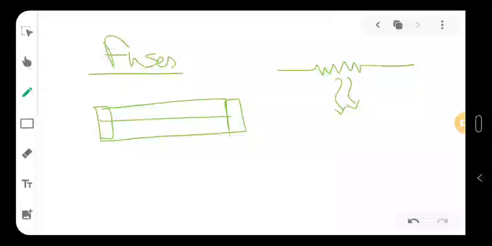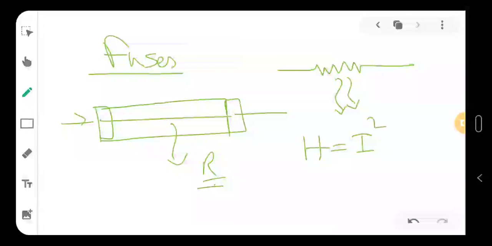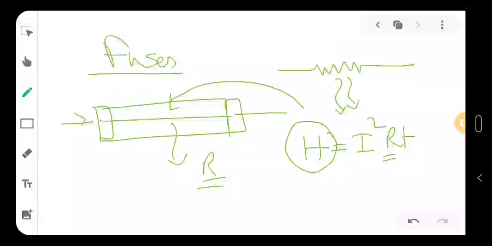This wire has a certain resistance such that whenever more than sufficient current flows through the circuit, the heat produced will be I square RT, and this resistance is such that the heat produced will reach the melting point of this material itself.